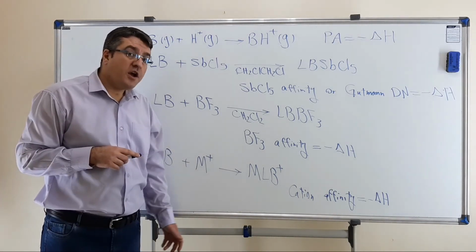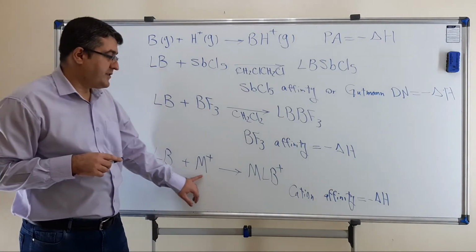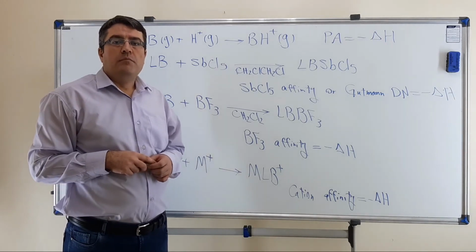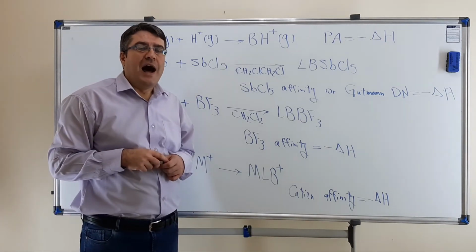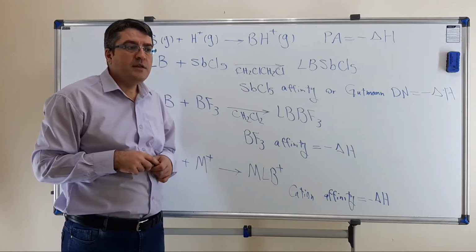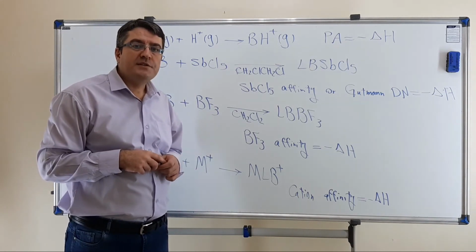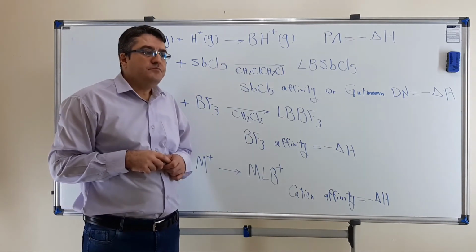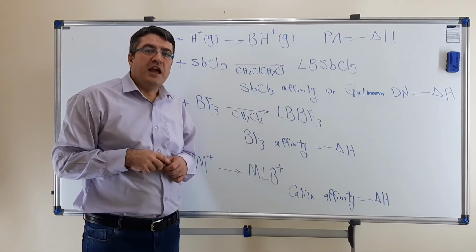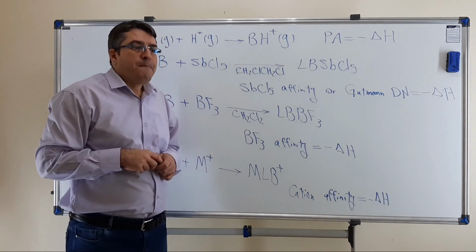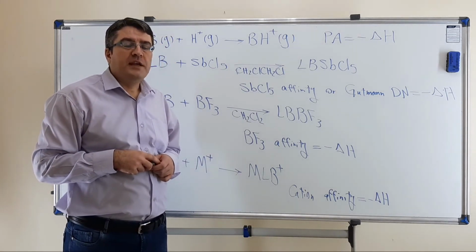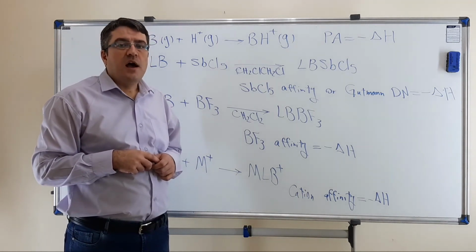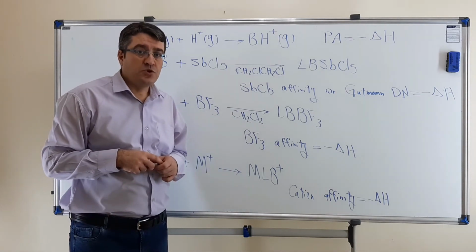A wide variety of cations have been considered in this regard. For example, monopositive cations of alkali metals, transition metals, protonated bases like NH4+, ammonium cation, coordination entities like FeBr+, cations of group 14 like CH3+, halogen cations like Br+, and so on.